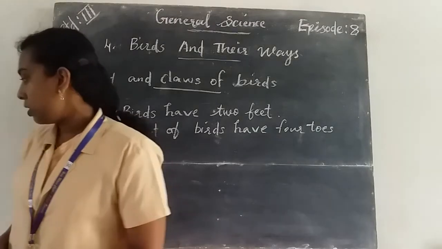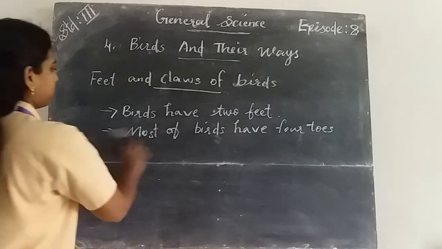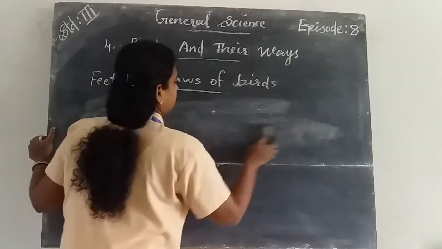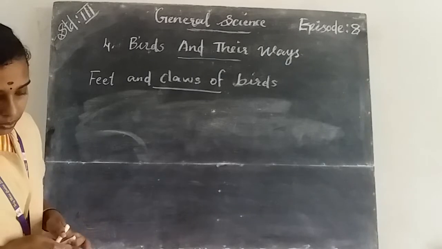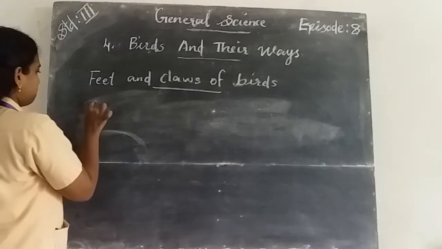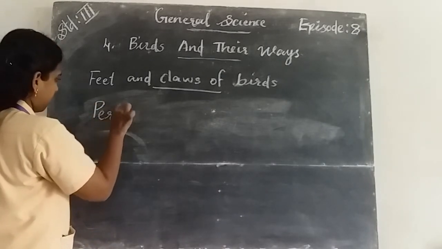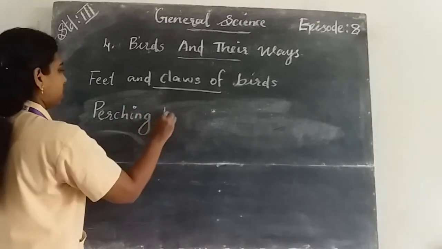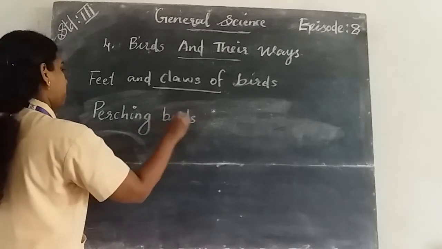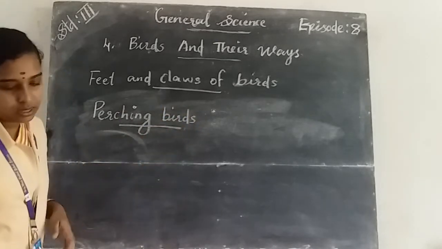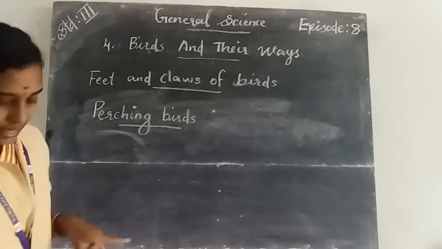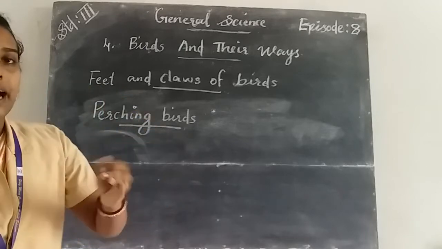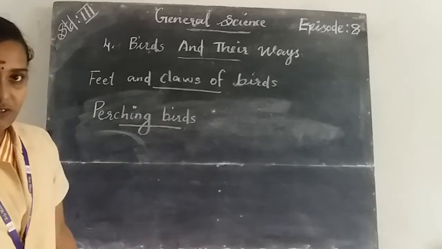So the first category is perching birds. Perching birds have 3 toes in front and 1 at the back of each foot.